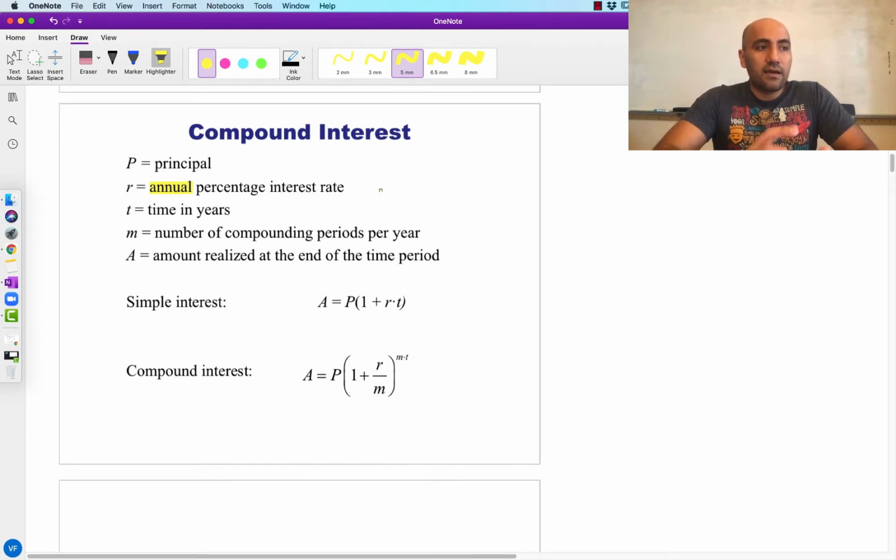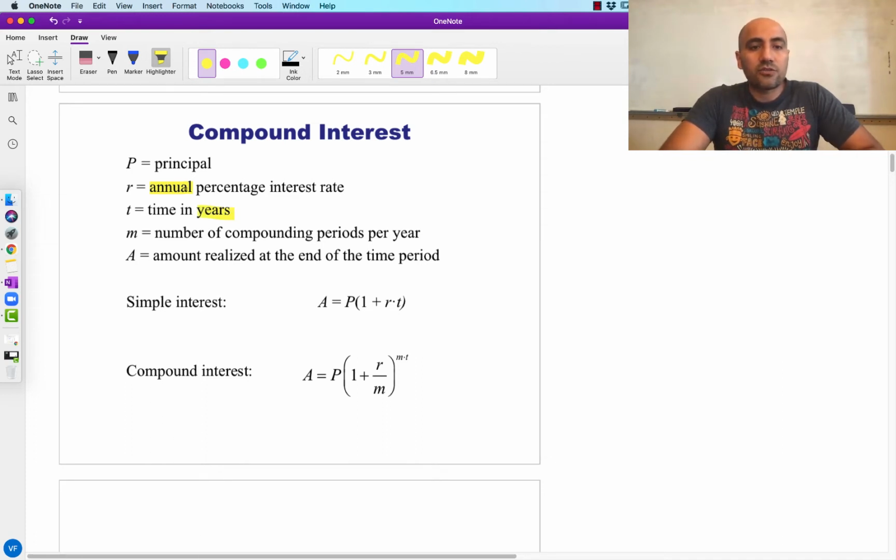It's common in the business world to provide all interest rates in terms of a year, just for consistency. That way, everyone is clear and there's less opportunity to make mistakes. Same with time. Time is always given in years, and it matches that.